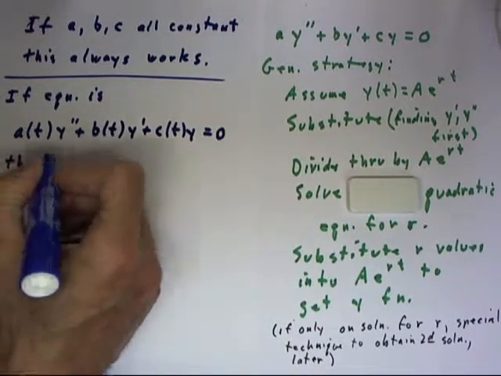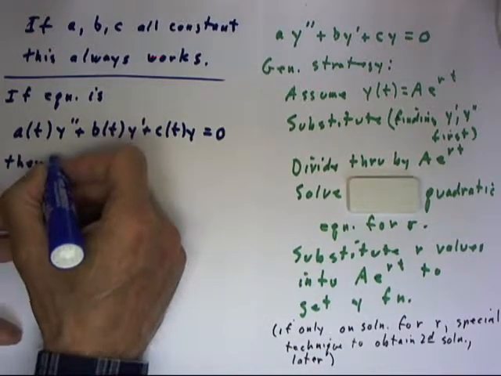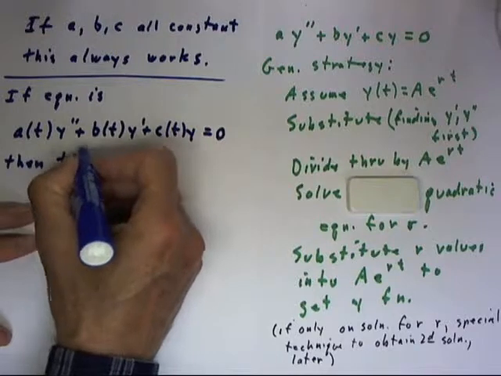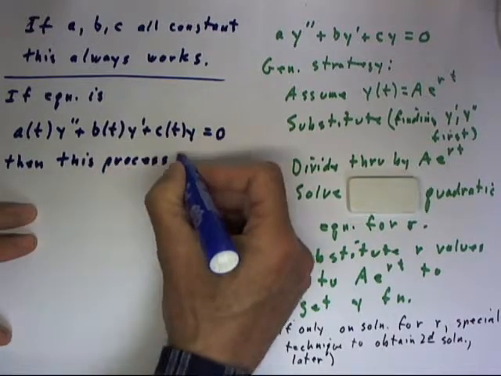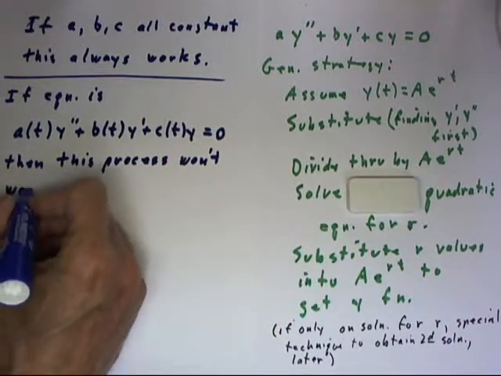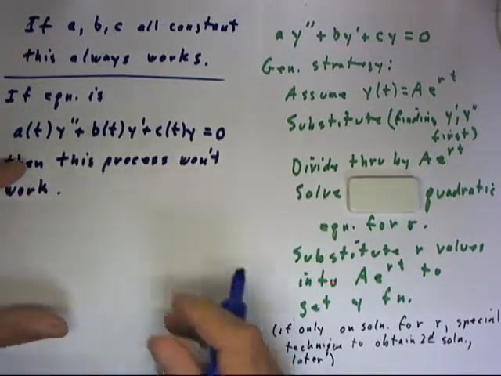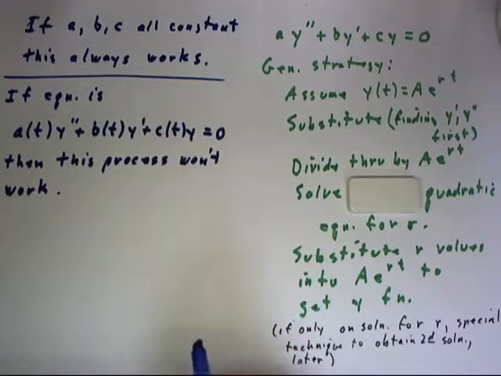then this process won't work, assuming that a, b, and c are not all constant functions.